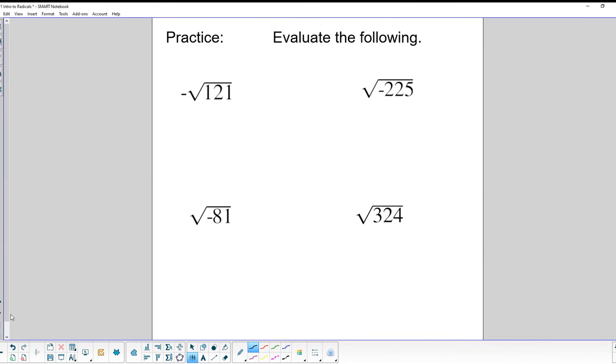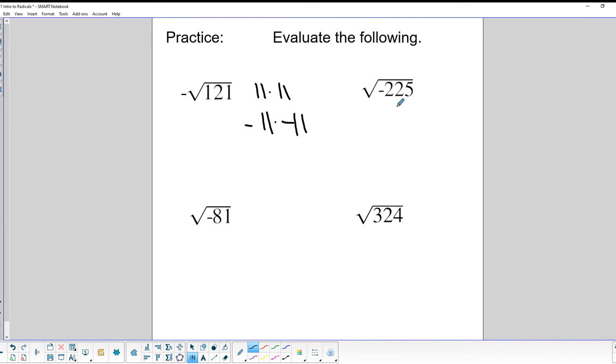All right, let's practice a couple more. The negative square root of 121. Well, if you do that on your calculator, you'll end up finding out that the square root of 121 is 11 times 11. So the negative version of that would be a -11 times -11.